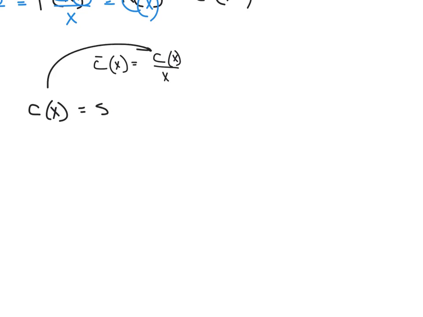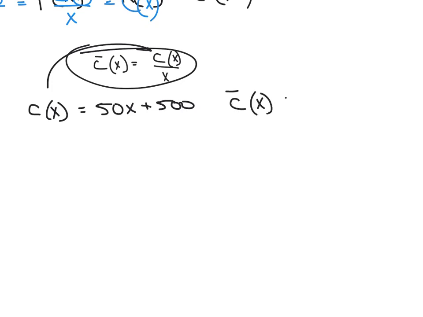All right, form the average cost function. The average cost function uses that. We're just going to put some numbers in there. It's going to look like that. Okay, not anything weird going on there.